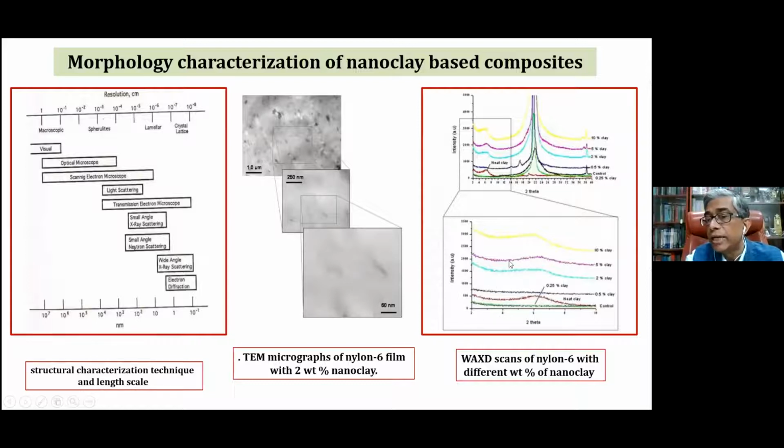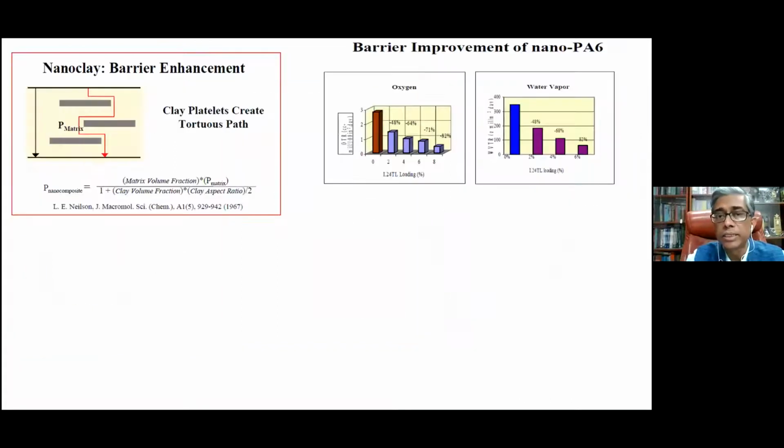If you don't see any peak, then you know that the clay, the nanofiller, has been dispersed. If there is a distinct peak, that means it has not been dispersed well. For this nylon 6 and polyamide, we analyze this section, and the more you see like that, the more you know that dispersion has happened. This is one way to characterize it, among many other techniques.